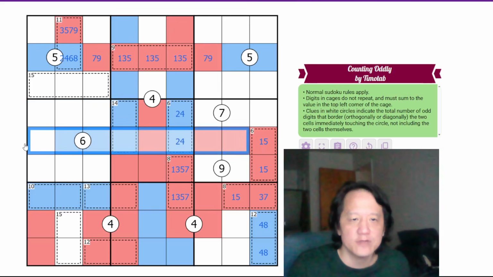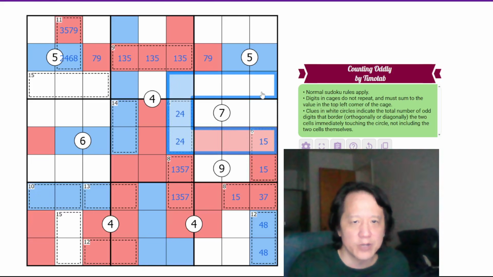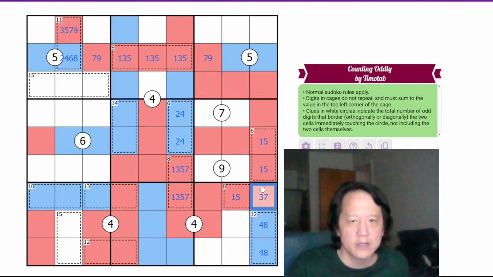We have 4 evens in row 5, so this can't be even, that's odd. This is 7 odds. We already have 3 evens, so the rest must be odd. That means we have in column 9, 5 odds, so this can't be odd, it's even.